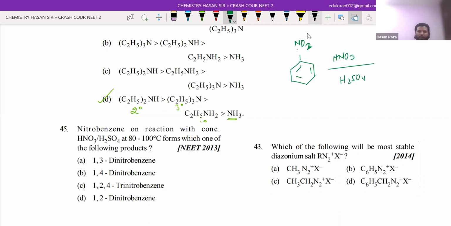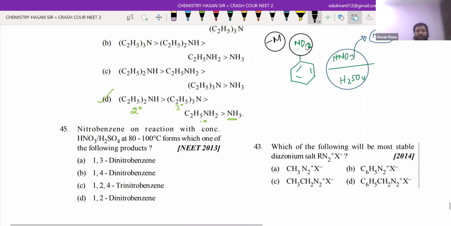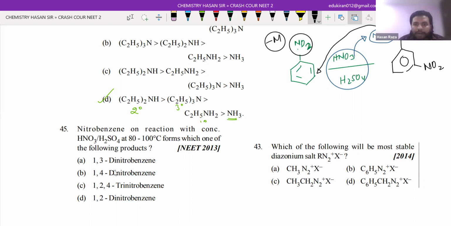And as I told you, with this reagent, when they react, they generate an electrophile, that is the nitronium ion, NO2+. Now, this is your electrophile, and where it will attack depends upon the group attached to the benzene ring. Since NO2 is a -M group, and the -M group is meta directing, it will attack the meta position, and you will get 1,3-dinitrobenzene. It will be A. Is that clear?